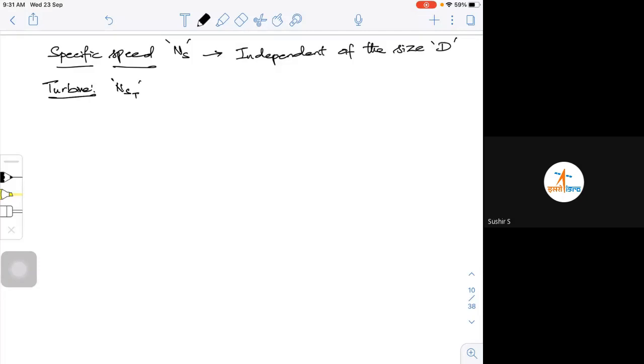I'm going to take the power coefficient and the head coefficient and write it something like this.